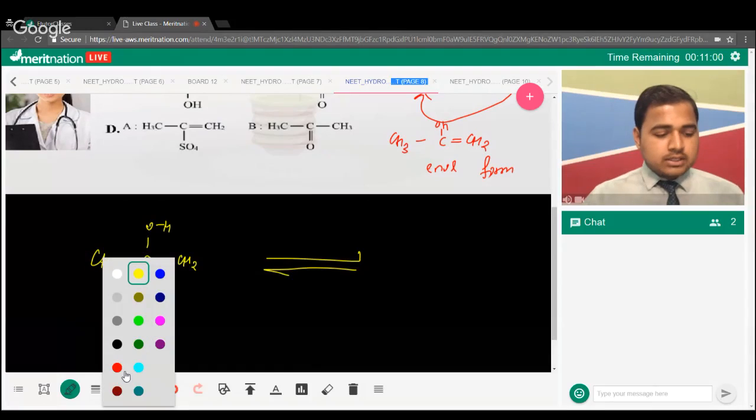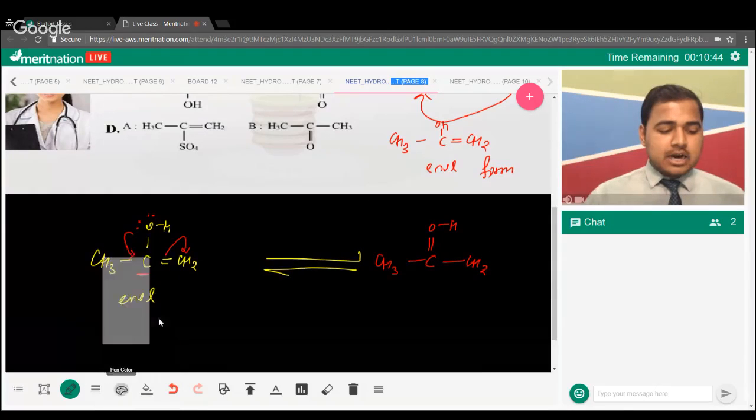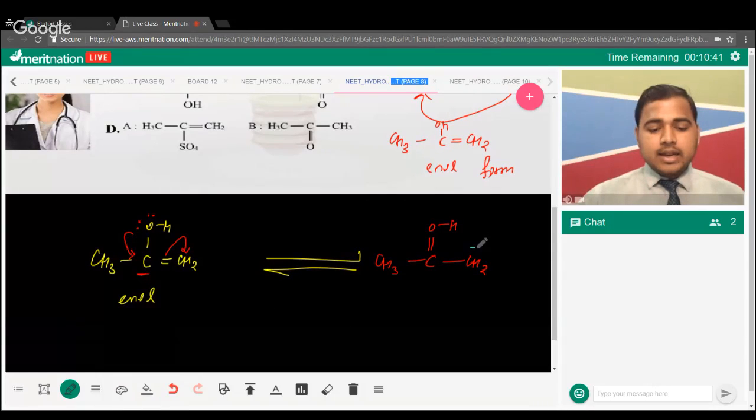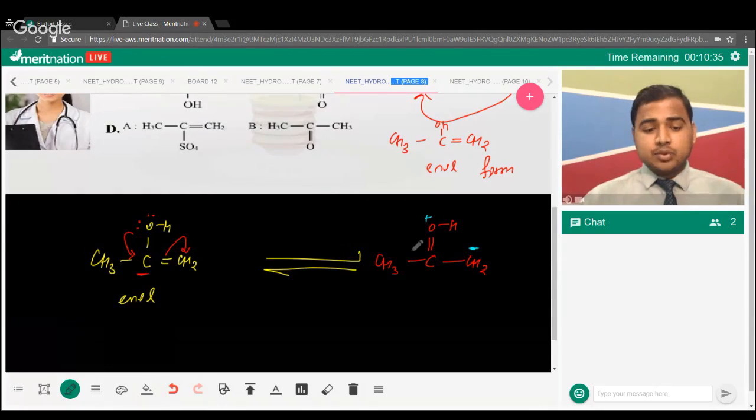So what happens, students? Due to the tautomerism, this bond is going to break towards this one. So this carbon will be in deficiency. So these lone pairs are going to help. It will look like this: CH3-C, with double bond O, there is H, and there is CH2, and this carbon is getting the negative, and this oxygen is getting the positive. Oxygen is the most electronegative atom, getting the positive charge.